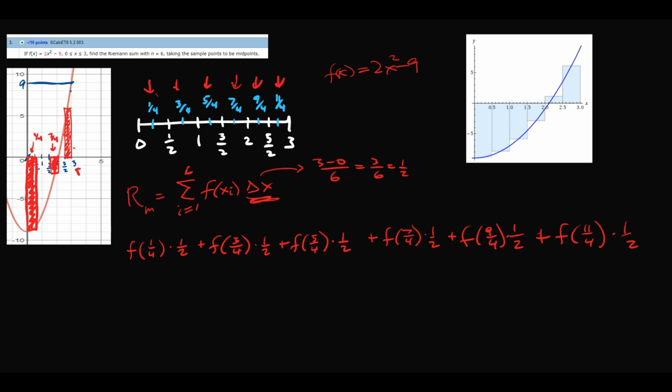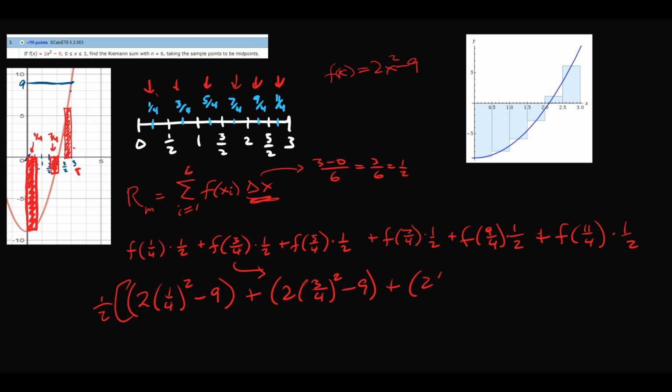So first of all, you take out a half, all these little halves right here can come out. So take out the half and do f of 1/4, so that'd be 2 times 1/4 quantity squared minus 9. That's the first one, plus. And now you take the 3/4, so that's 2 times 3/4 quantity squared minus 9, plus the 5/4, 2 times 5/4 quantity squared minus 9. And then you keep going on and on and on.